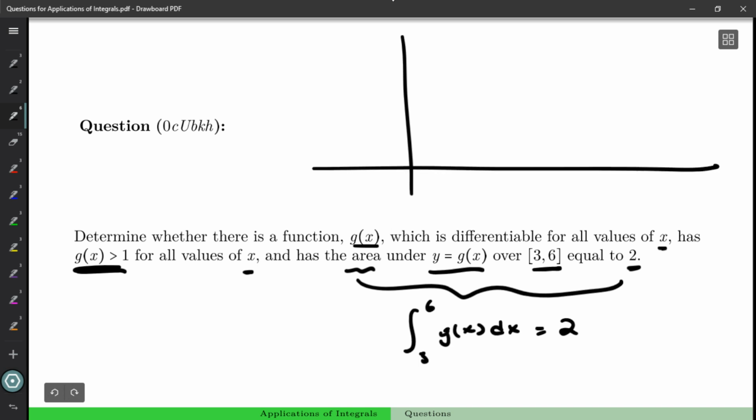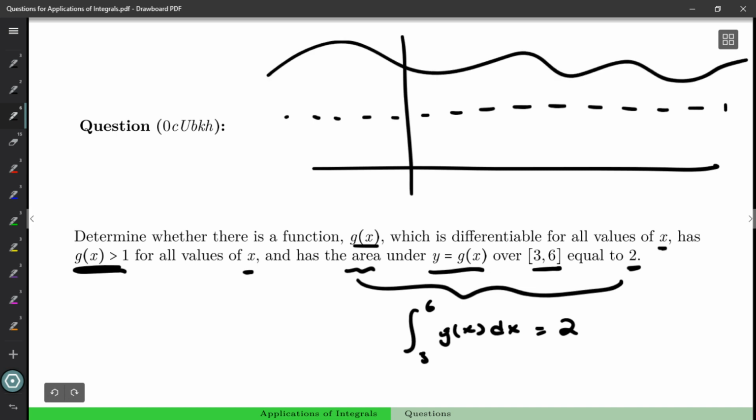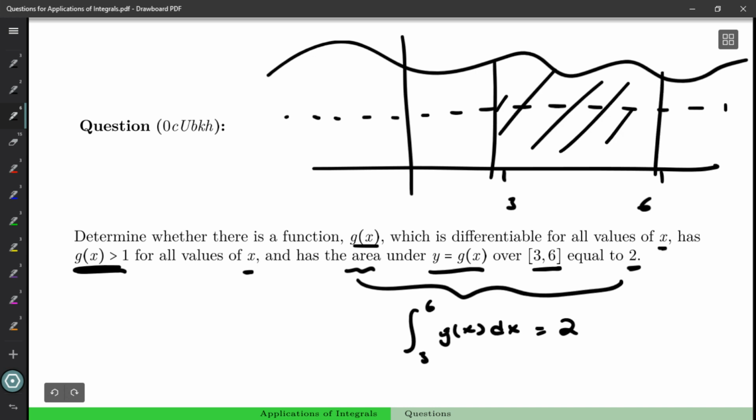So if we imagine 1 out here, the function's somewhere up here. Doesn't matter exactly. Now they tell us an area over 3 to 6. So this area in here, they're saying needs to be 2.